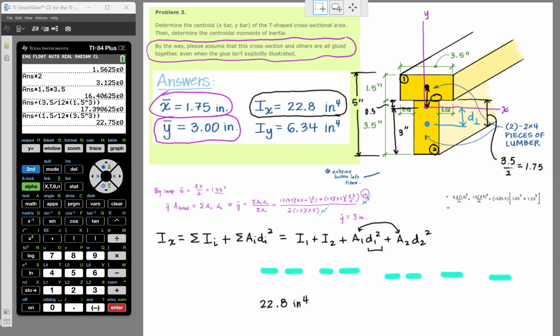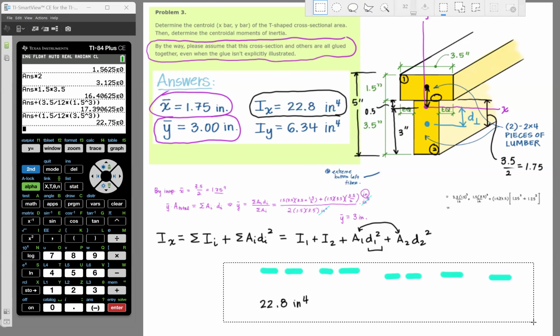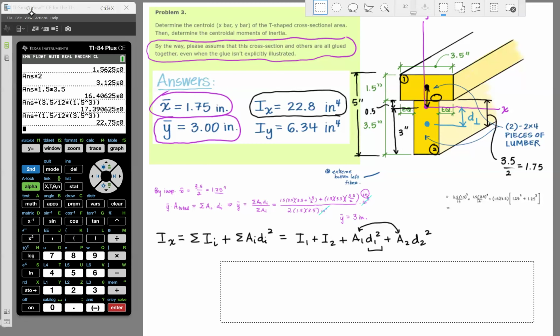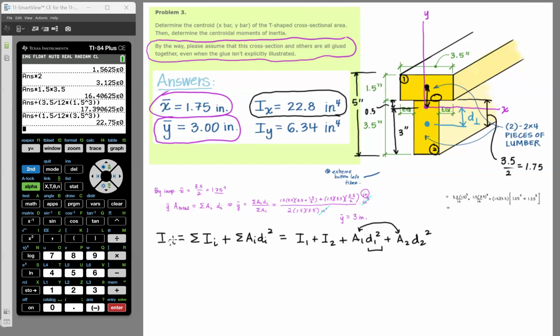Get rid of all this stuff. Okay, and I can use this equation, parallel axis theorem, and the only thing I have left to solve for is I sub y, moment of inertia about the centroidal y-axis. Other than that, I can use the exact same expression.